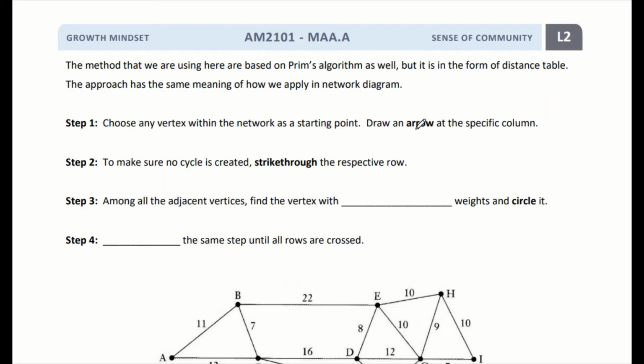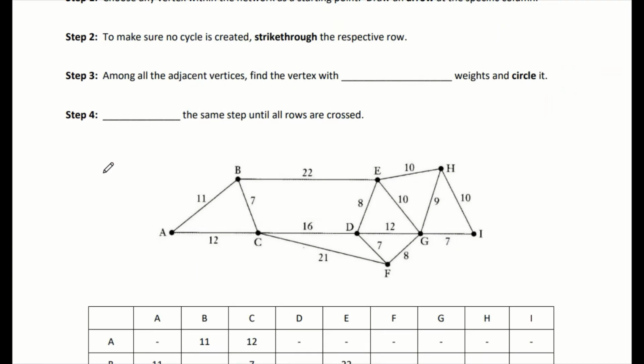Second one, because we want to make sure that no cycle is created. Imagine I choose A here. It will be very clear in my network diagram that I'm not going to come back to A again.